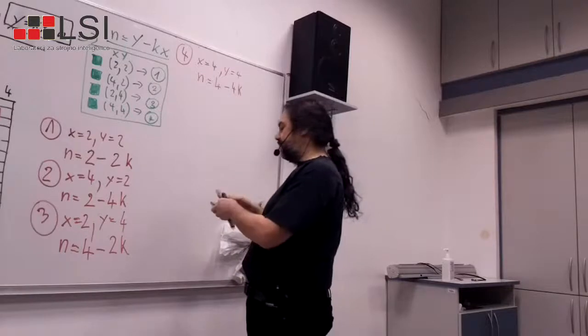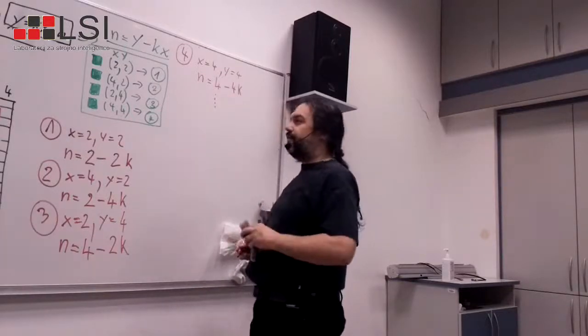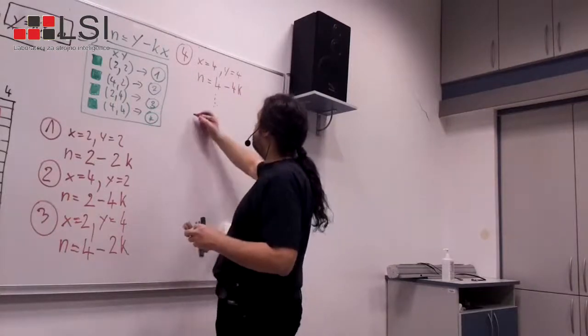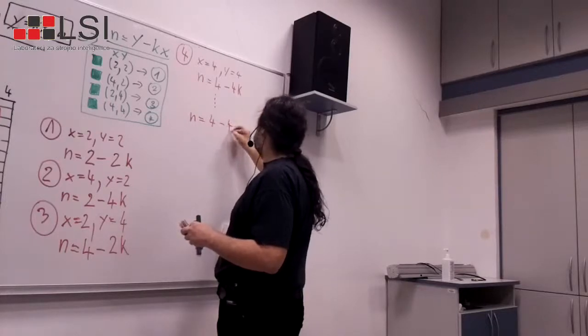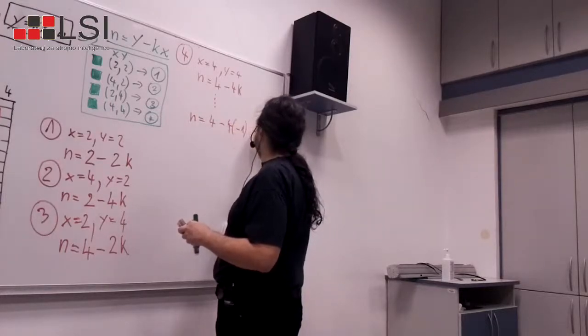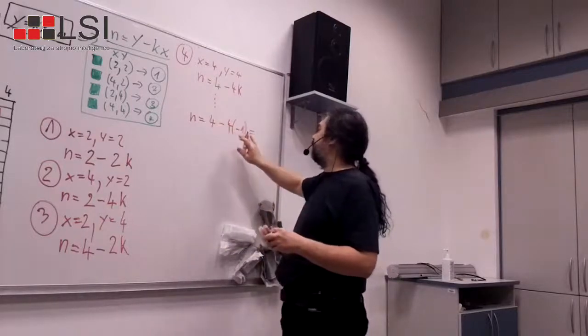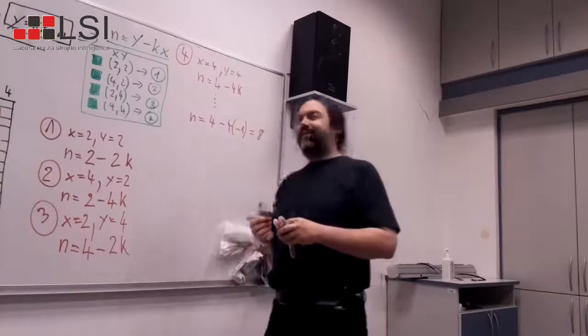So let's try to calculate the value if k is 0. Okay, now k is minus 1. Let's try to do it. N is 4 minus 4 times minus 1. And this yields 4 plus 4, it's 8. Okay, I cheated a bit.